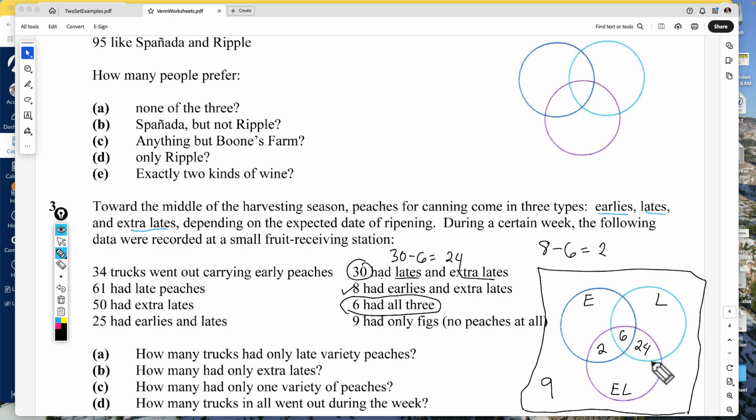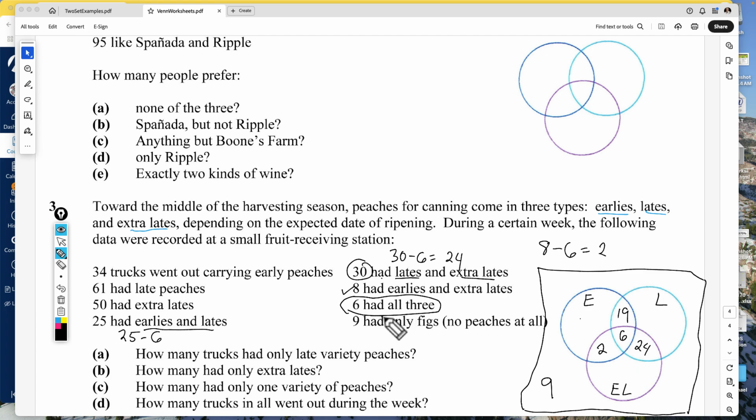Is that making sense so far? Okay. Then we keep backtracking. 25 had earlies and lates, so that's this intersection over here between the E and the L. We've already counted 6 of those, so we take 25 minus 6, and we get 19 in this little region here.